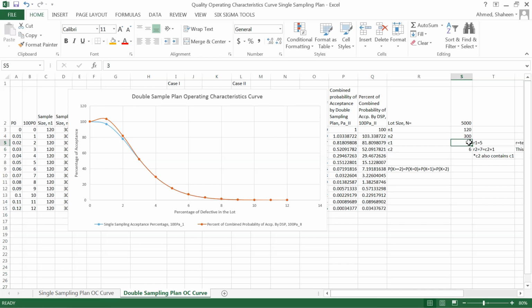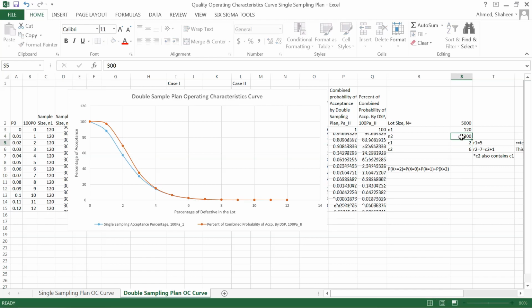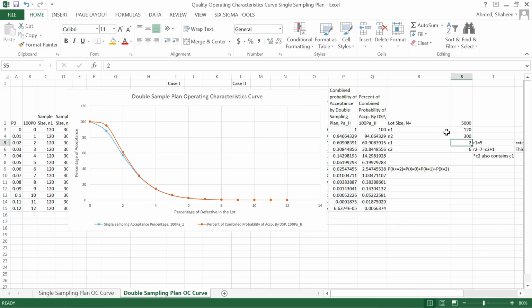That's why the probability of acceptance changes. If you change the sample size from 100 to, say, 200, you can play with it and see that things are changing. So this will give you an idea how much to sample, what's the proper C criteria, what's C1, C2, and how to set C1, C2, sample size, things like that. We'll talk more about this later.